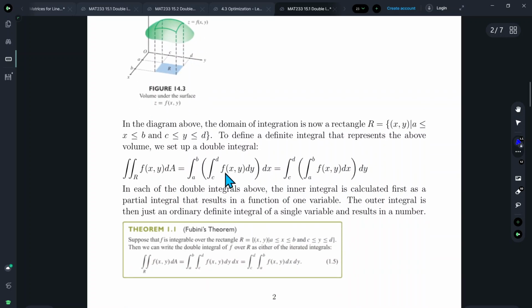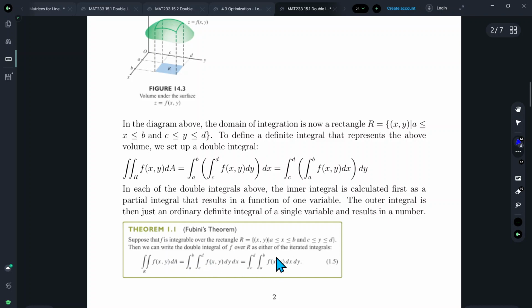You can set it up either way, and through a theorem called Fubini's theorem, as long as your function is nice enough, which in this course we'll stick with pretty well behaved functions, when you integrate over a rectangular region it doesn't really matter the order of integration, whether it's y first and then x, or x and then y.